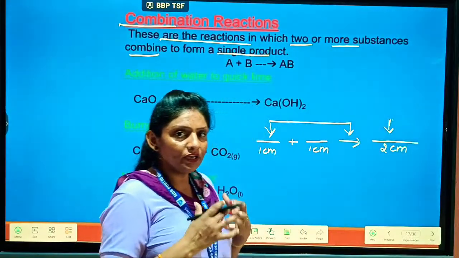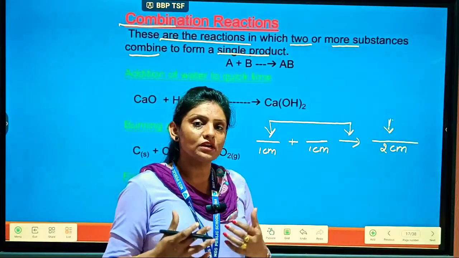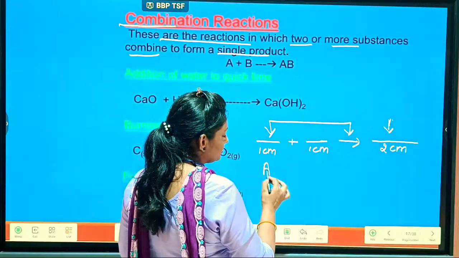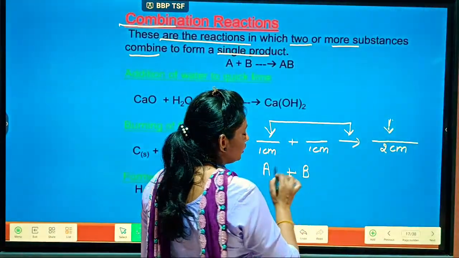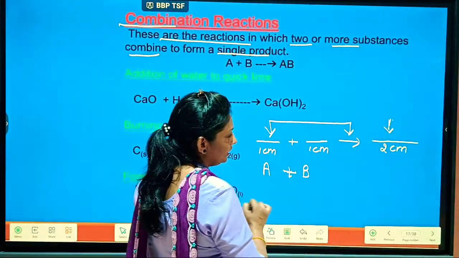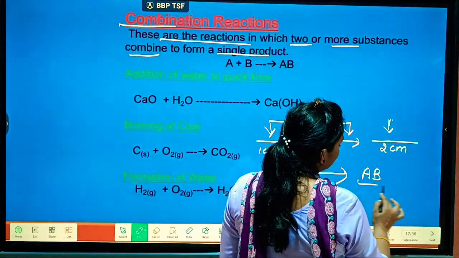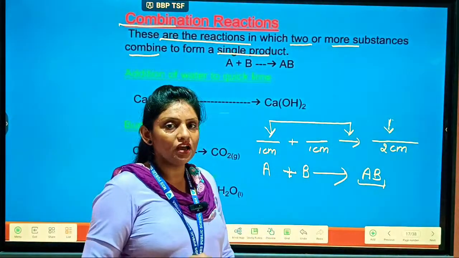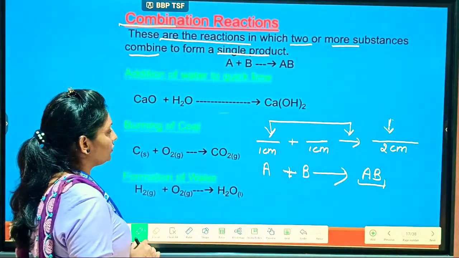A combination chemical reaction is one in which two or more substances, like substance A we have one and the second substance is B. So these two substances combine with each other, then they produce a single product. That type of reaction is known as the combination reaction. Okay students, I hope it is clear to you.